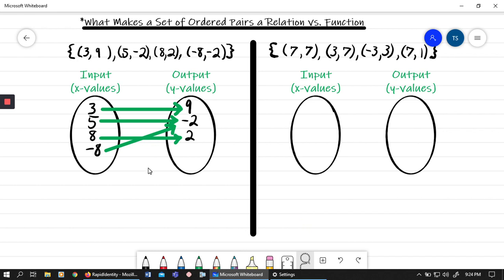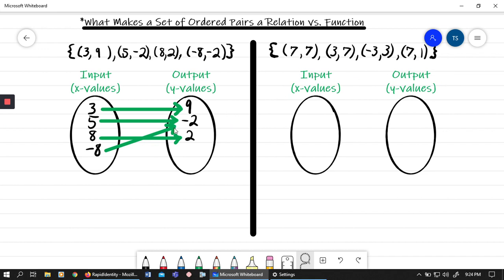So you can see with the arrows drawn here that this one is a function, because each particular element of the input set is mapped to, or assigned to, exactly one element in the output set. So again, you can see that this one here is a function.